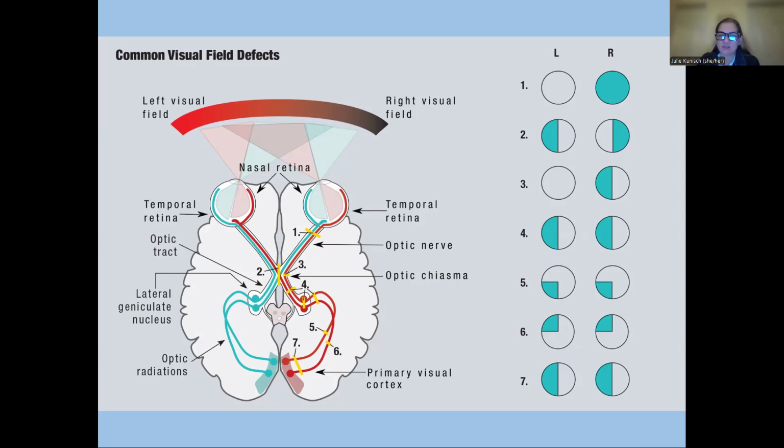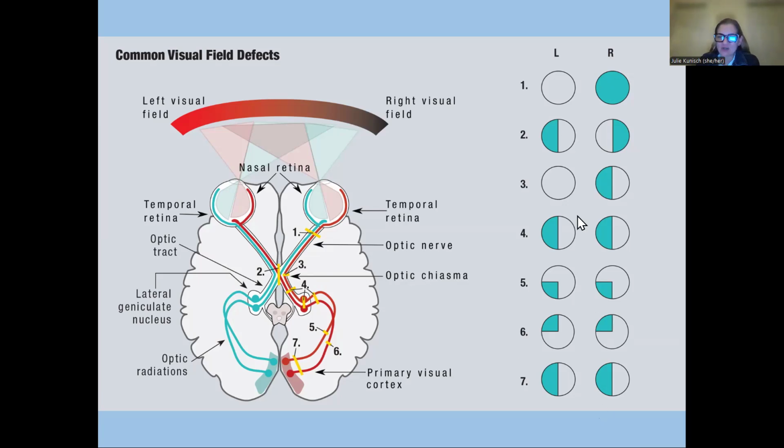It really matters where along the optic nerve and where in the cortex a lesion occurs, and then what the result of that lesion is on vision. So just to orient you, this is the same picture that we just saw in the previous slide. These yellow lines here represent where a lesion occurs along the optic nerve. It is all along the right eye, but you could flip it over onto the left eye.